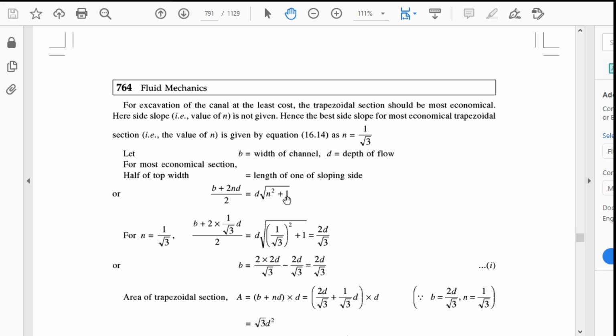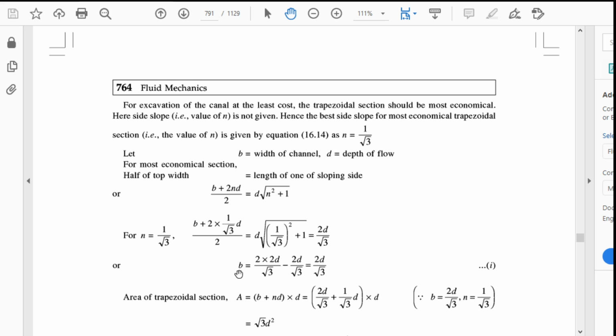Also we can use the condition for b, that is bed width equals 2d divided by root 3, and the wetted perimeter should be equal to 3 times the b, that is your bed width. So substitute 1 by root 3 instead of n here and simply do the rearranging.